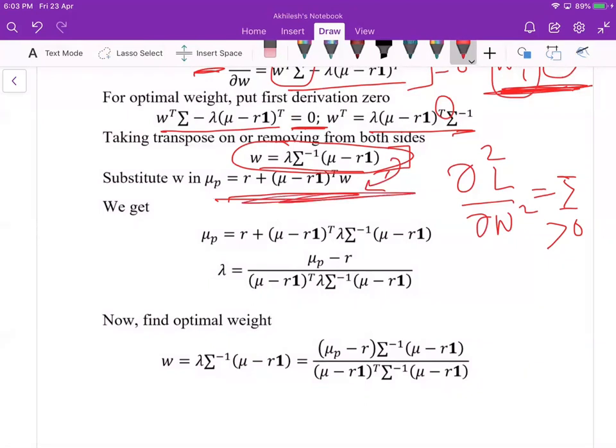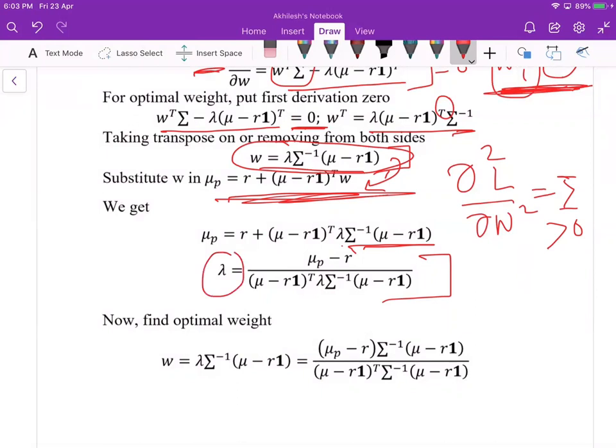So we have found out the optimal weight W and the Lagrangian multiplier. So we will finally substitute lambda into the optimal weight, this one. Okay, we'll substitute this into this formula and we'll get W, the optimal weight, finally in this format.